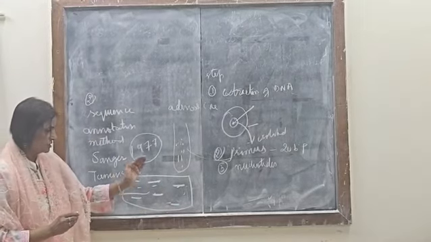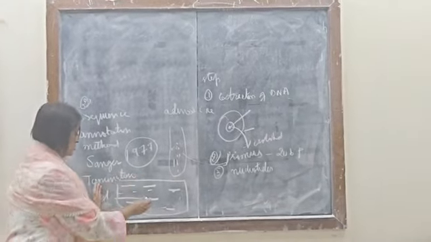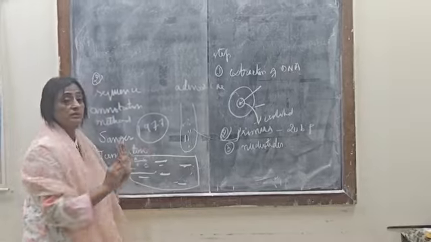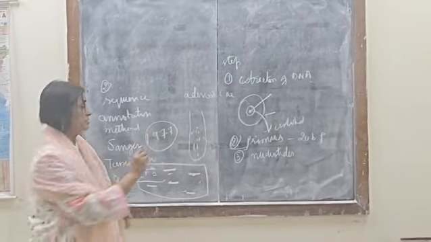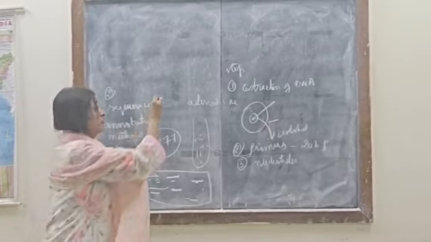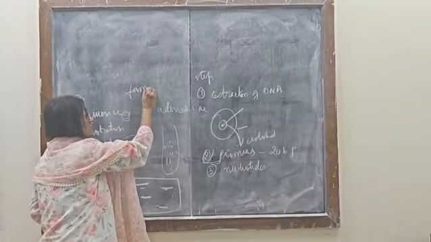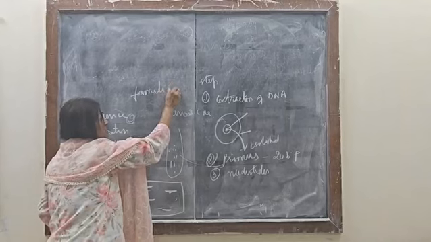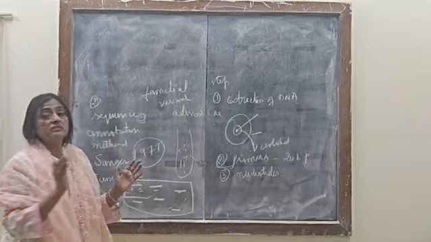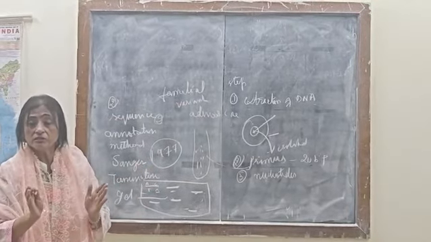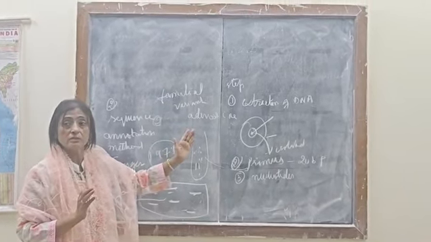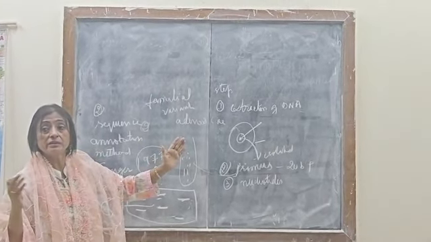And this method makes it easy to sequence the bases adenine, thymine, cytosine, guanine. This is the first important point. The second important point is that it helps to study the familial variant. Variant means difference: any change or alteration in the DNA nucleotide bases running in the family, inherited.